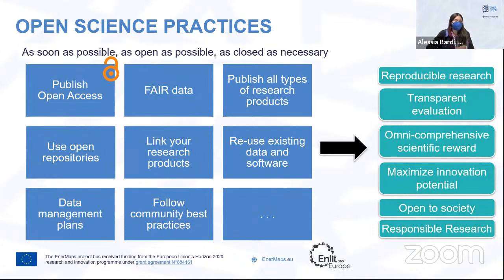So for example, you can say that a publication is supplemented by a data set and that the software has been funded by this project, for example. And you can also use services that are made available via the European Open Science Cloud. Like we have the integration with the annotation service of EUDAT, for example.